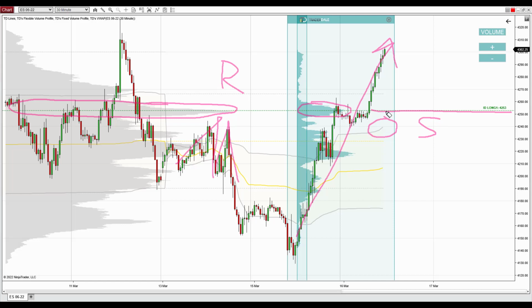All right, so all those things are telling us that this should work as a strong support. So we just need to wait for a pullback and take it from there. Just make sure that you don't trade it if the support is hit during the FOMC release or during the FOMC press conference that comes after that.